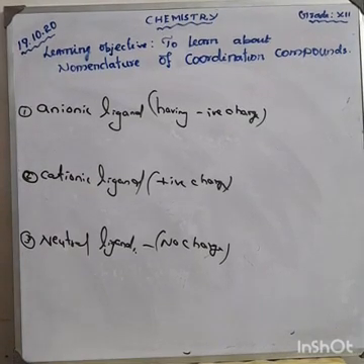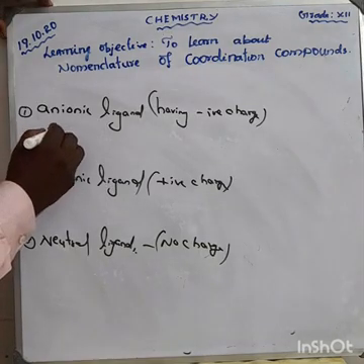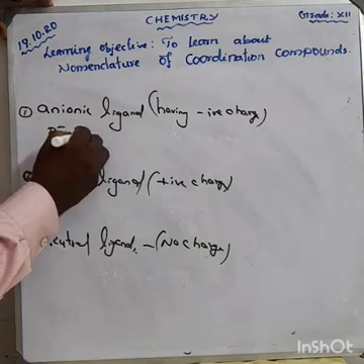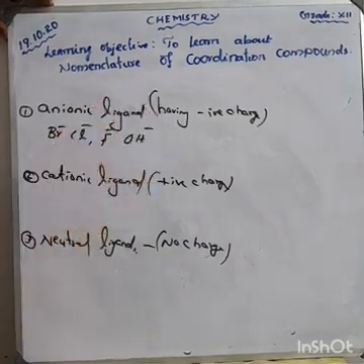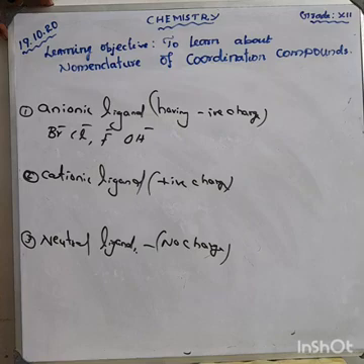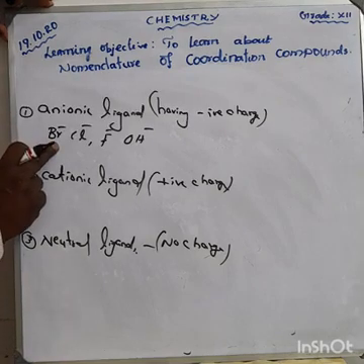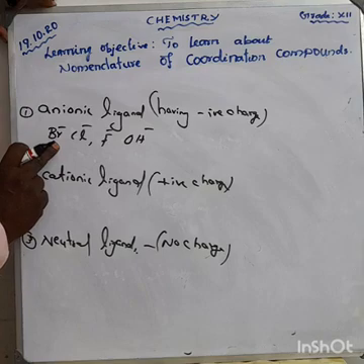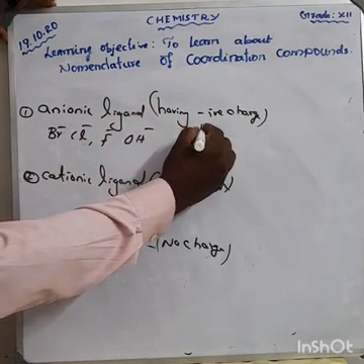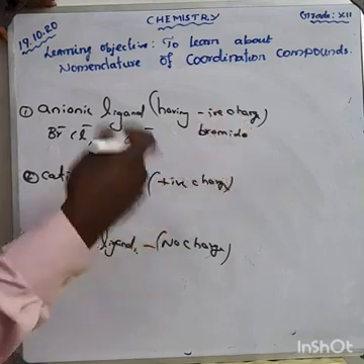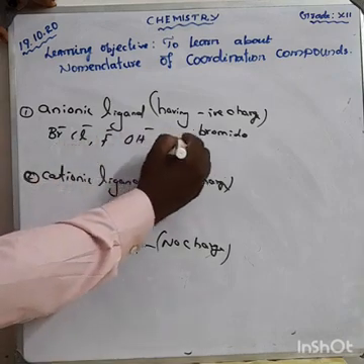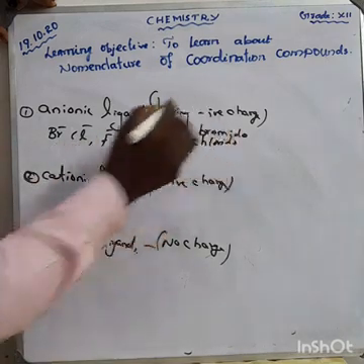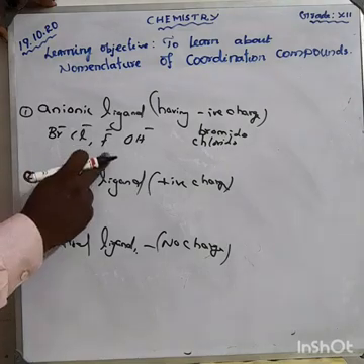Here, anionic ligand means we can give the names: Br minus, Cl minus, F minus, OH minus. These are all anionic ligands. Br minus, you should say the name bromido. What is the Br minus ion? Bromido. What about the Cl minus ion? Chlorido. What about the F minus ion?